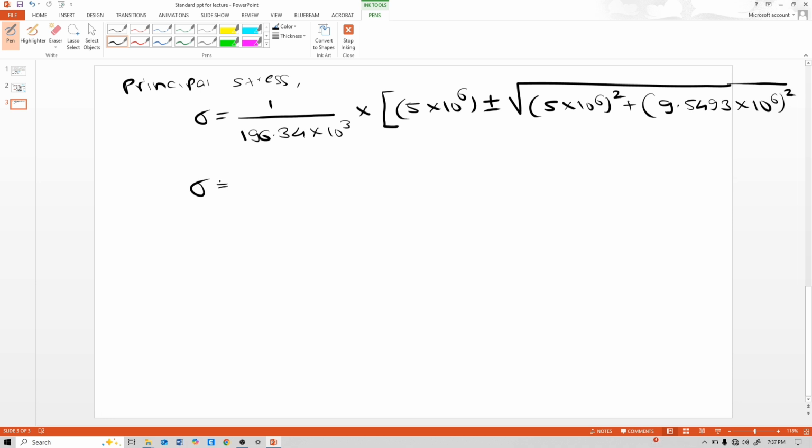So for this sigma, take 10 raised to 6 common. Under root, 10 raised to 6 square, the root and square get cancelled.